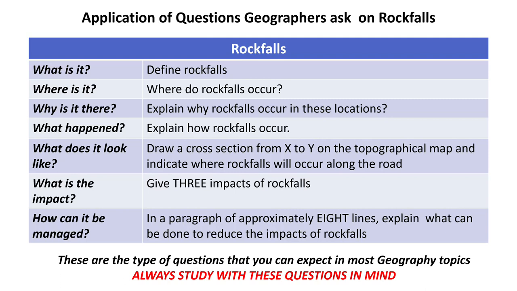You might get a question in the paper, give 3 impacts of rockfalls or 3 ways in which rockfalls affect human activities. That's a what is the impact type question. And then you could be asked in a paragraph of approximately 8 lines, explain what can be done to reduce the impact of rockfalls. And that is a how can it be managed question, and that's definitely a higher order question.